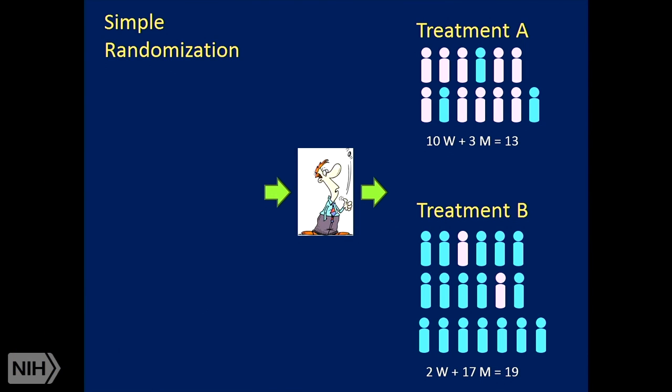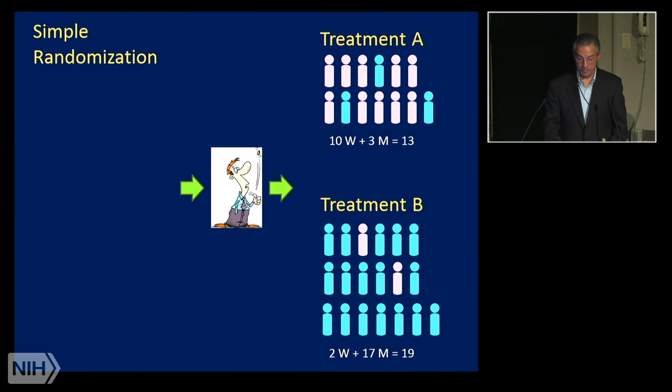Potential for confounding. Maybe gender has something to do with the outcome, with the recovery. And if it does, it's messing us up with these assignments. So we've got two problems: unequal numbers and imbalance in gender.